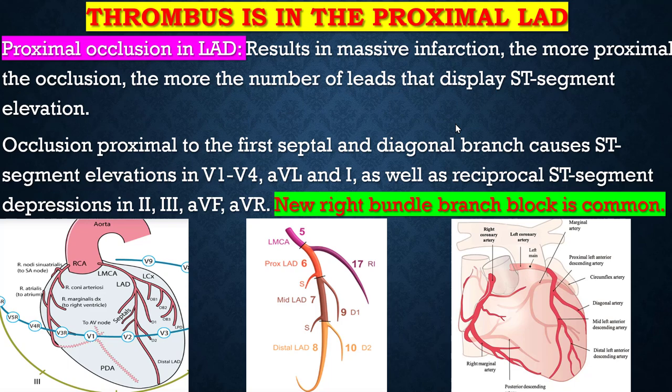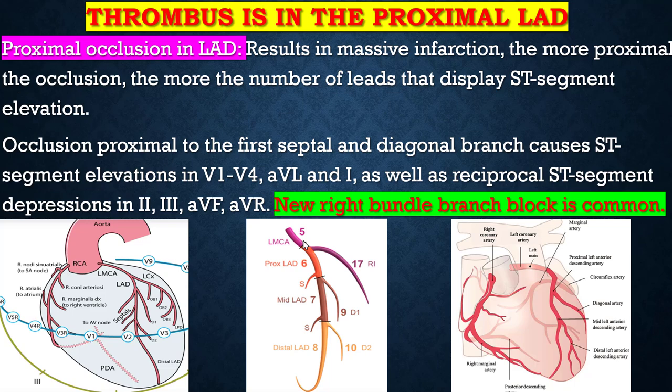Occlusion proximal to the first septal and diagonal branch causes ST segment elevation in V1 to V4, AVL and lead 1, as well as reciprocal ST segment depression in lead 2, lead 3, AVF and AVR. New right bundle branch block is common.